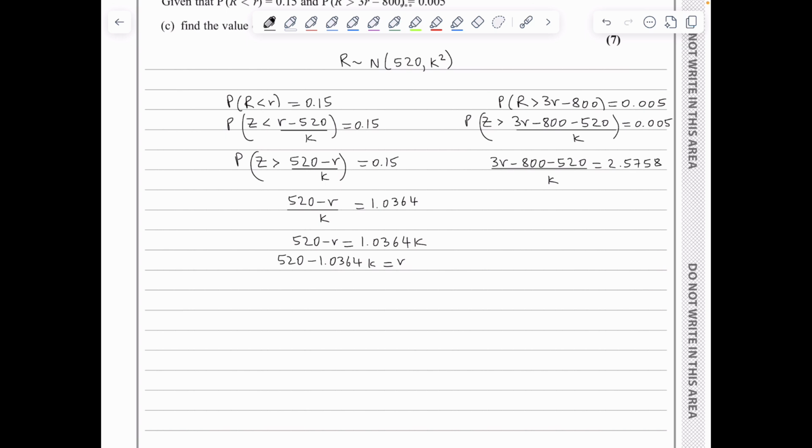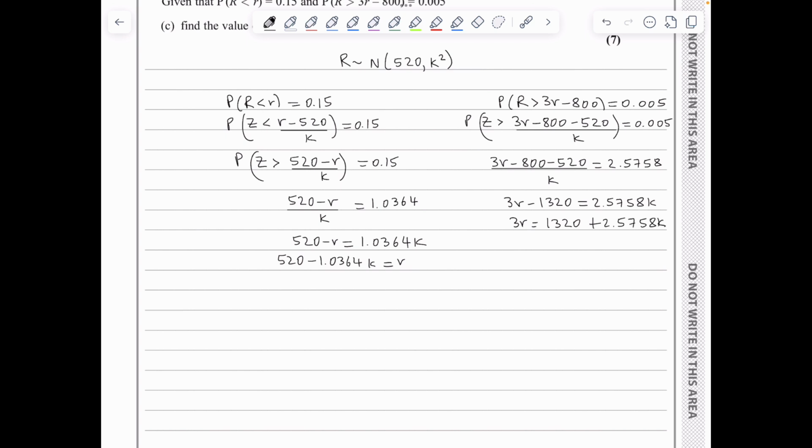I will cross multiply and I will simplify the left-hand side, leading to 3r minus 1320 is equal to 2.5758K. This means that 3r is equal to 1320 plus 2.5758K.